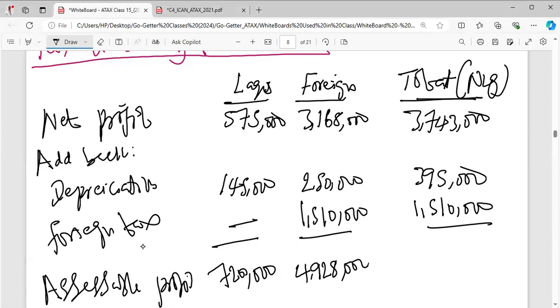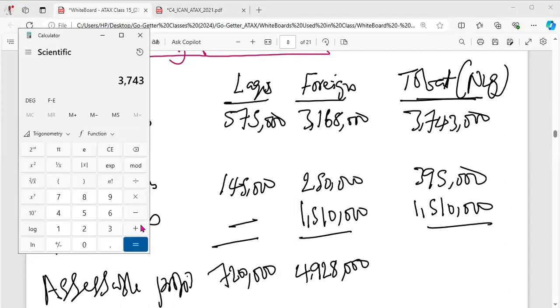Okay, so let's do the last one there, the last end. We have 3,743 plus 395 plus 1,510. That gives me 5,648.